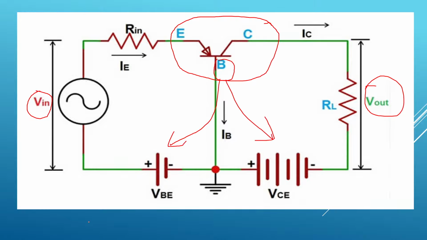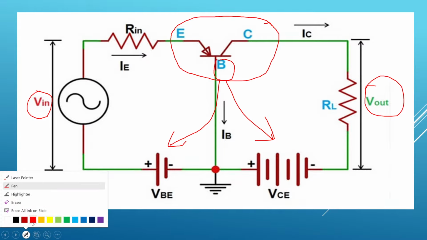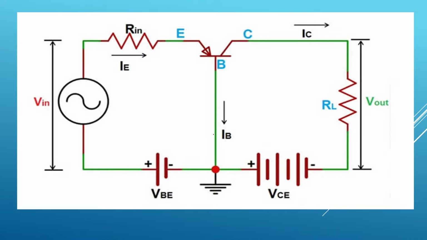If the base of the bipolar junction transistor is common to both input and output, then that BJT is called a common base BJT.